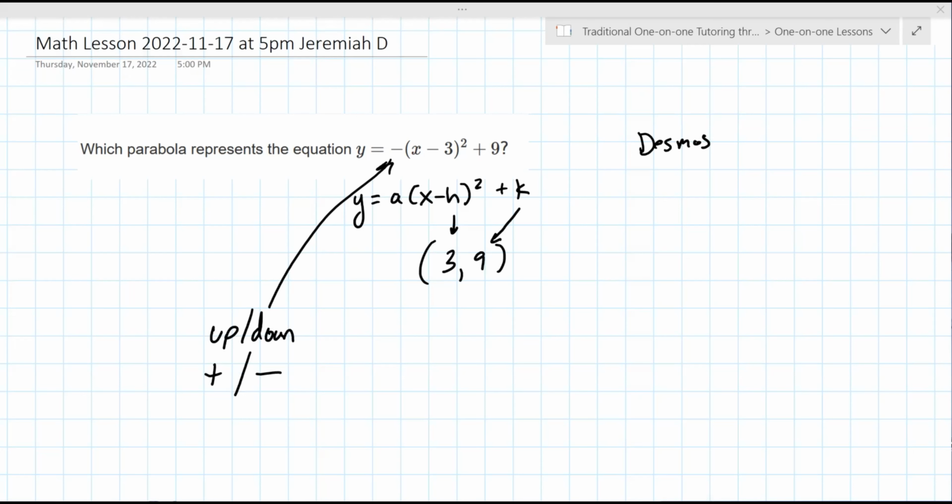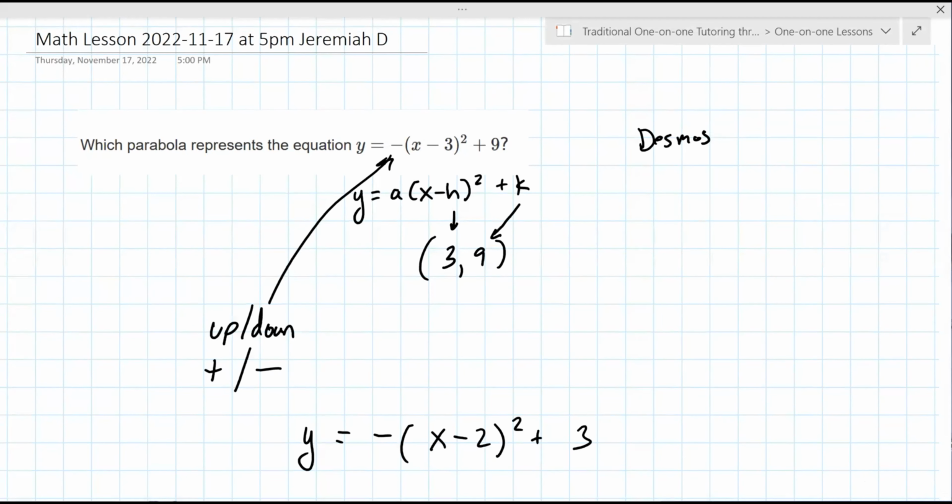So let me give you another one here. We'll just write it where you can see. Let's say it's y equals negative (x minus 2) squared plus 3. Could you tell me the vertex of this equation that I've just given you? (-2, 3). Okay, so the vertex in the previous problem was positive 3. Oh, okay.